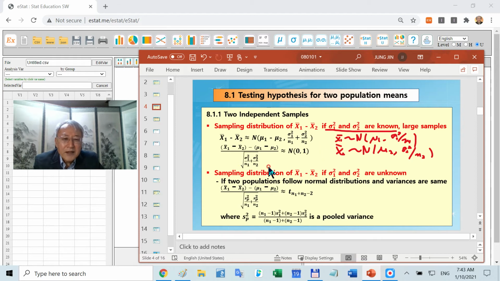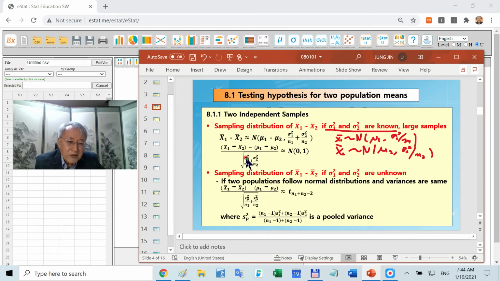Maybe you may write it down as a normalization: subtract the mean, divided by the standard error of this statistic, that's a square root. It will be normal 0, 1. You need the mathematical study. Suppose population variances are unknown. In that case, you can see the analog.